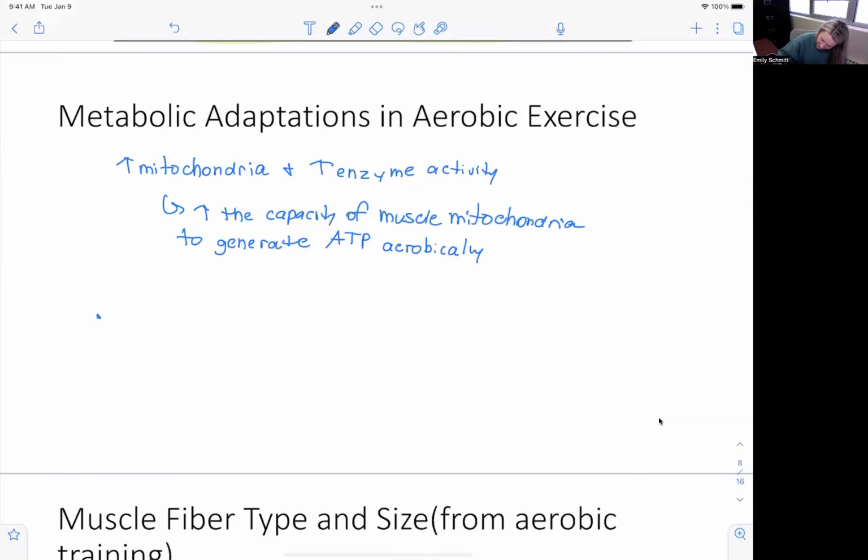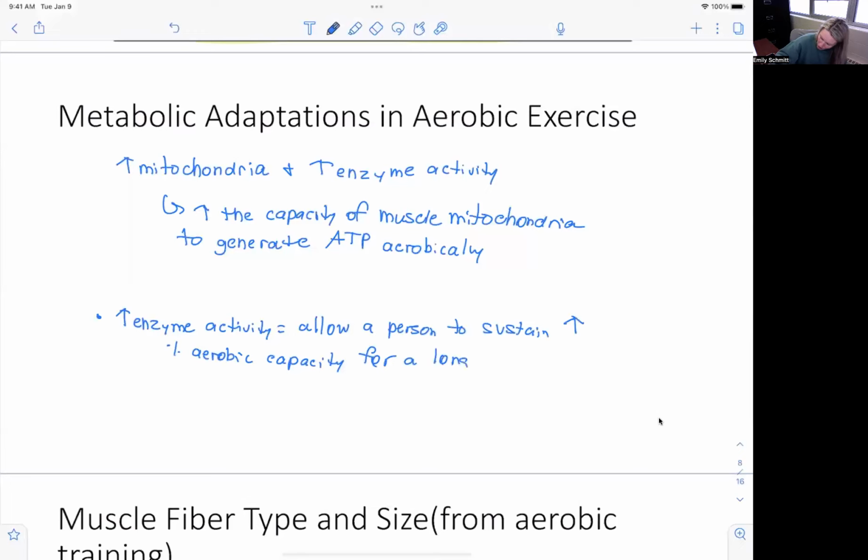And this increase in enzyme activity will allow a person to sustain an increase in their percentage of aerobic capacity for a longer effort without the onset of blood lactate accumulation.